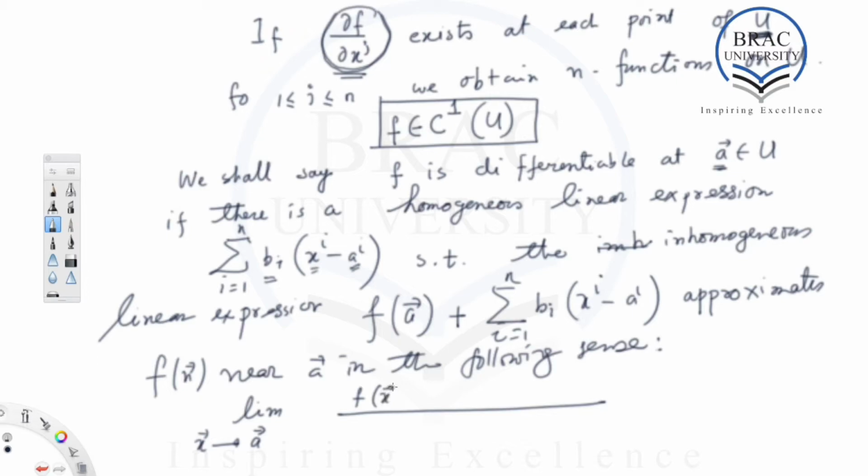f of vector x minus f of vector a minus this homogeneous linear expression, the sum of bi times (xi minus ai), divided by the norm of this vector. We know the norm because this Euclidean space is equipped with the standard norm induced by the metric.